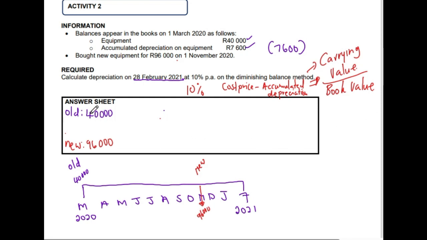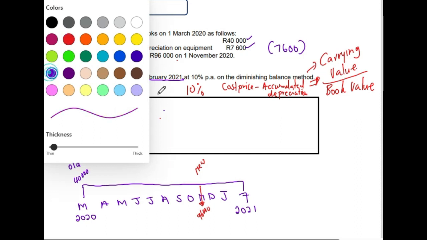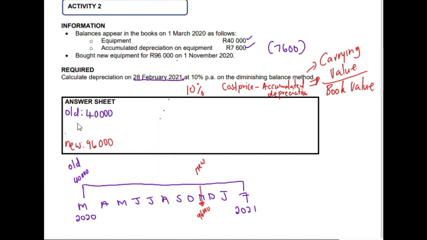So now let's start with our old equipment. The old equipment is 40,000, and its accumulated depreciation is 7,600. This is our cost price, and we subtract our accumulated depreciation of 7,600, which equals our carrying value.